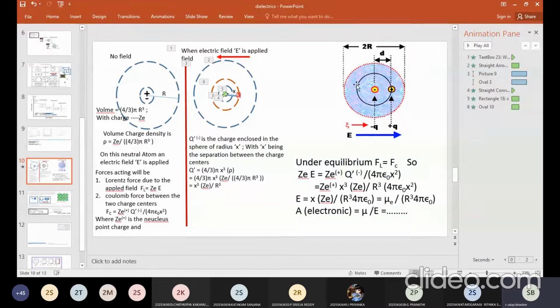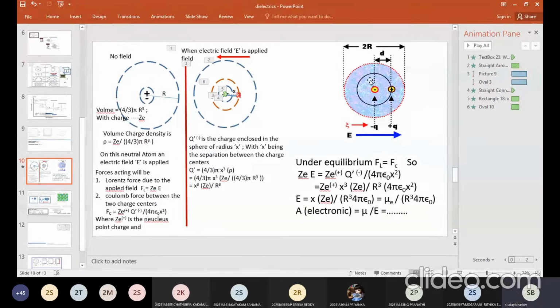This charge is more but far, but this charge is less but nearer. So the net pull by this charge is compensated by the net pull by this charge in opposite directions, because of which this plus charge does not experience any force from the charge in this annular region.